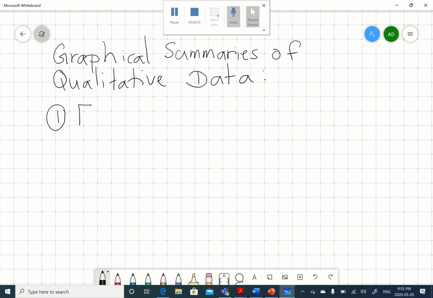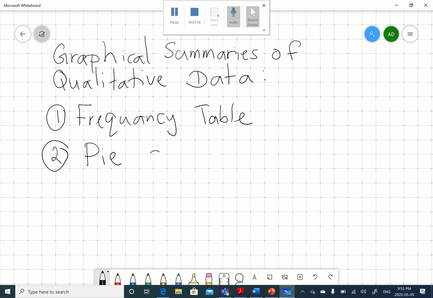First one is the frequency table. We're going to summarize the qualitative data set into a table, and then using the frequency table, we can build two charts. One is called a pie chart and the other one is called a bar chart.